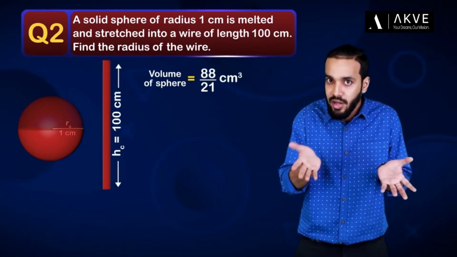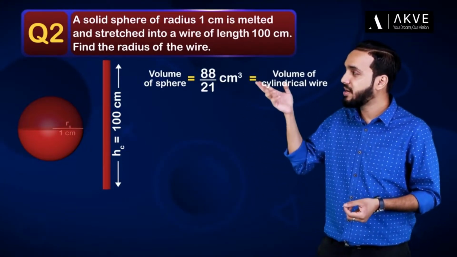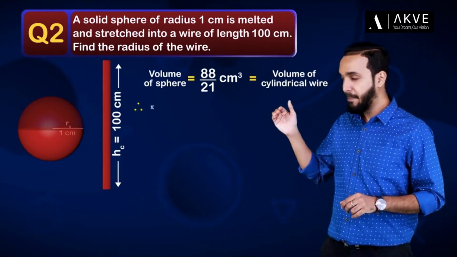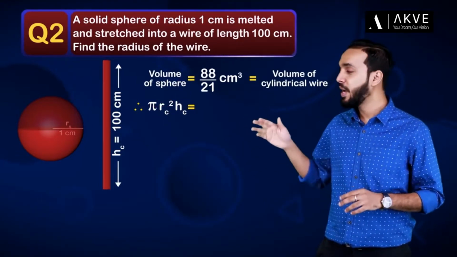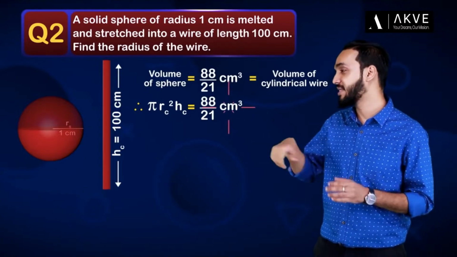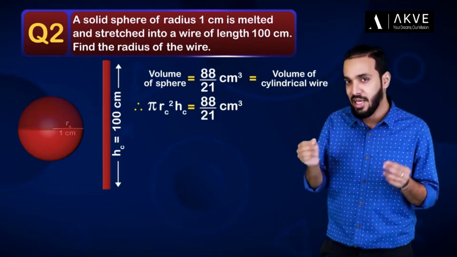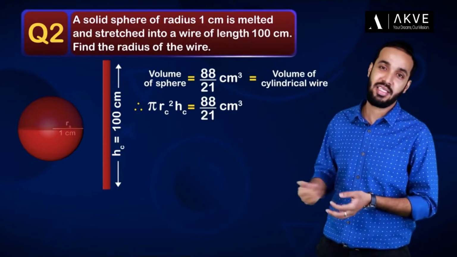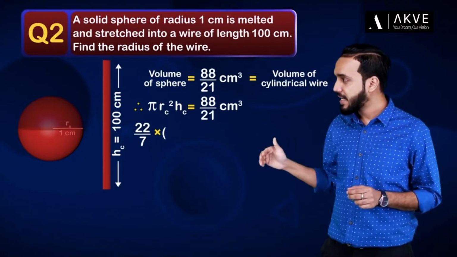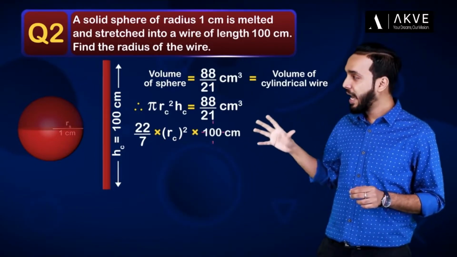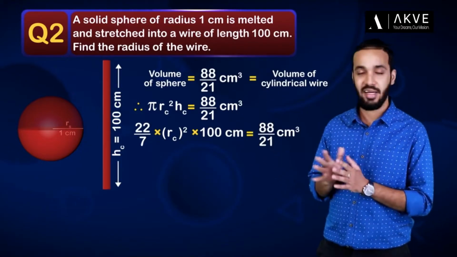Now, we have already discussed that this volume would be the same as the volume of the cylindrical wire. So, pi rc squared into hc is equal to 88 by 21 cubic centimeters. On substituting the value of hc as 100 centimeters and pi as the usual 22 by 7, we get 22 by 7 into rc squared into 100 centimeters is equal to 88 by 21 cubic centimeters.